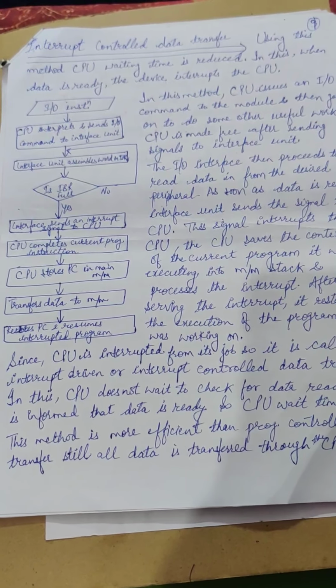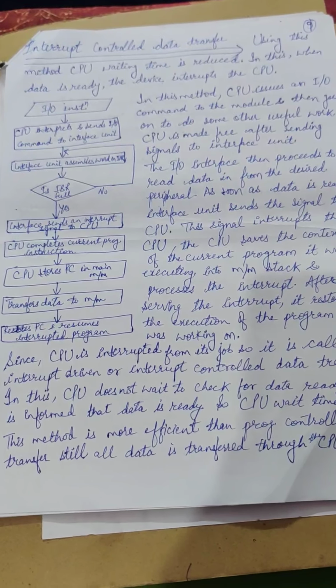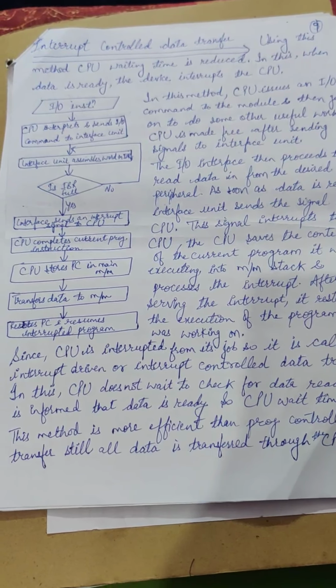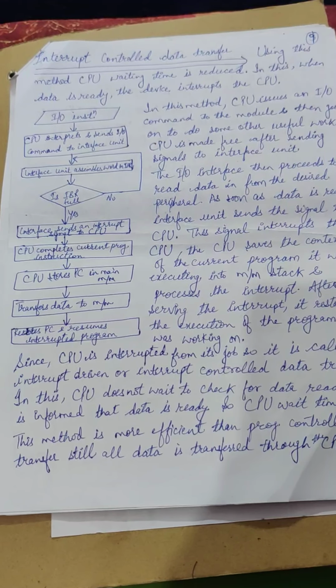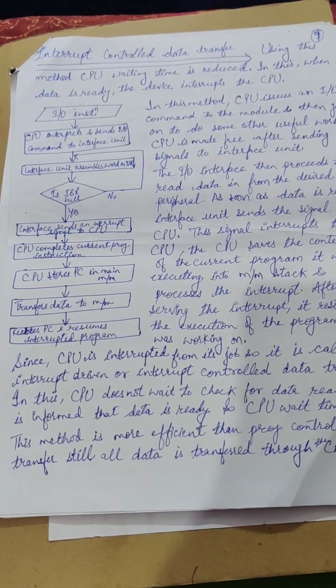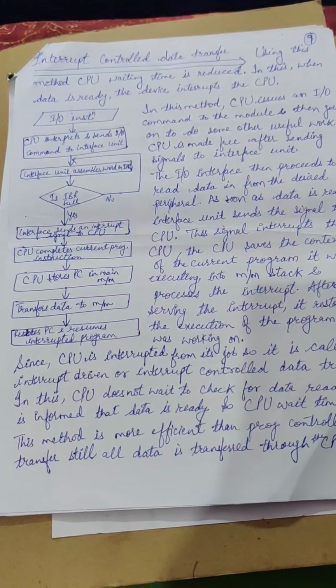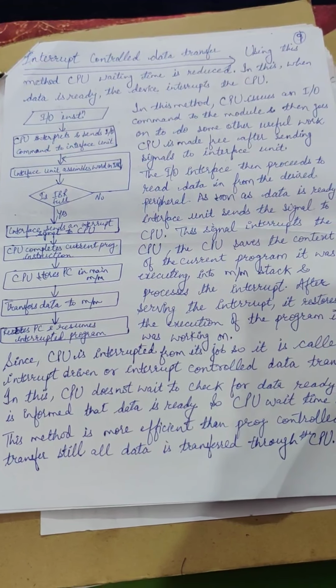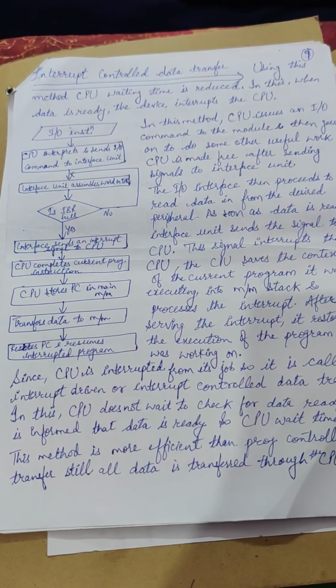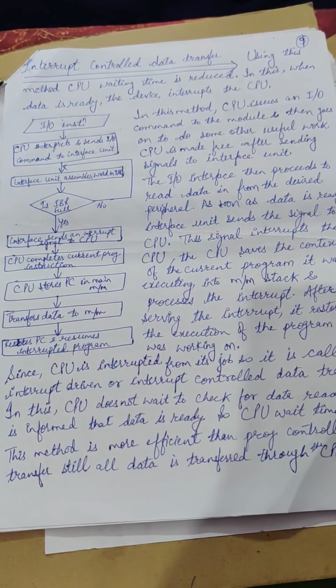When the data is ready to be transferred, then the I/O devices or interfacing devices interrupt the CPU. That means the waiting time is reduced. In this time, the CPU can do its other work. So this is the flowchart for interrupt controlled data transfer.